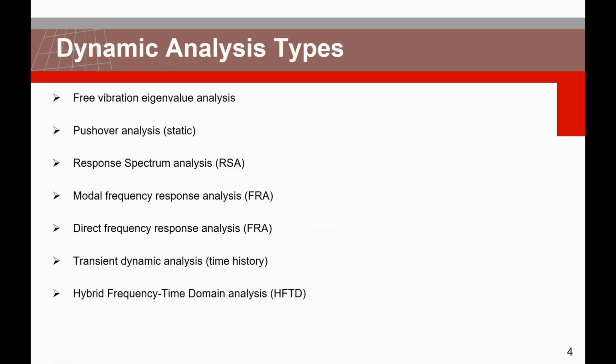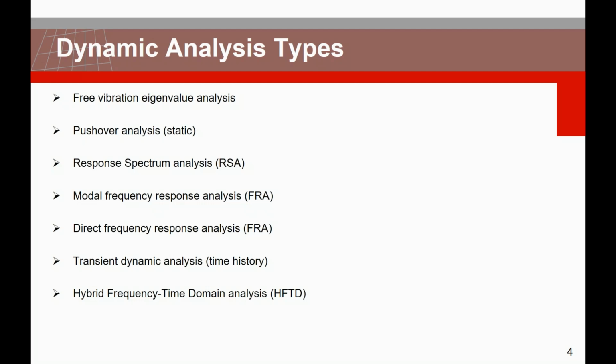In Diana, you can perform different dynamic analysis types, like free vibration eigenvalue analysis, which will give you the modes and the frequencies, pushover analysis, which is static, response spectrum analysis, also called RSA, and frequency response analysis, FRA, which can be modal or direct, two methods we will see in the next slides.